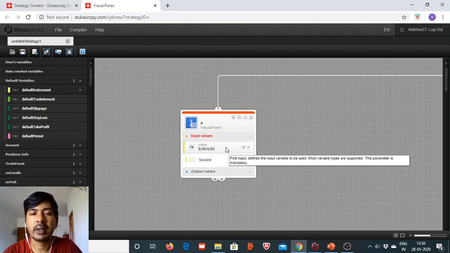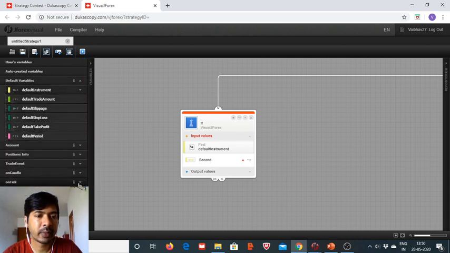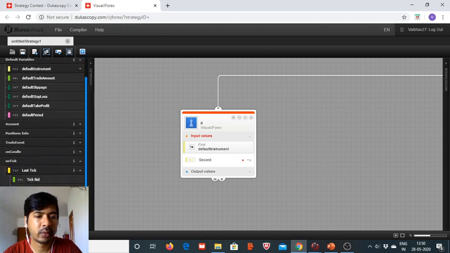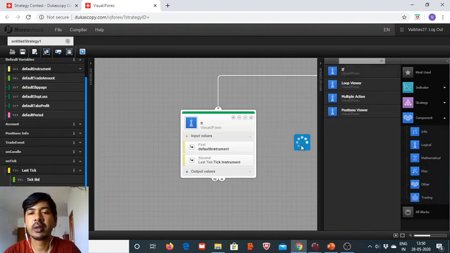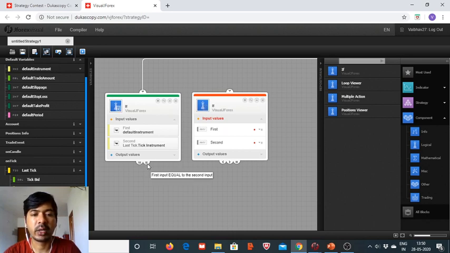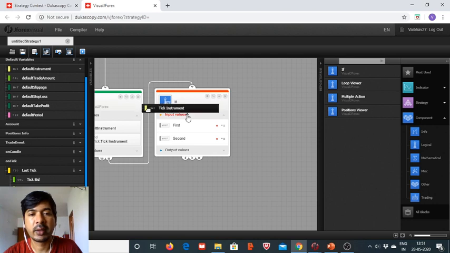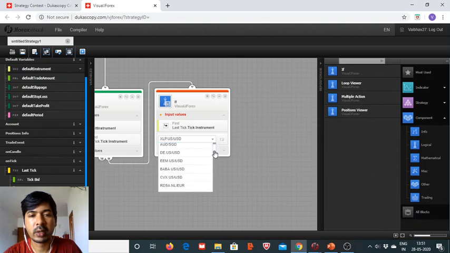We'll keep it as it is, and we take on tick, last tick instrument, and here comes the tick instrument again, second if block, and the default instrument should be equal to the tick instrument. The default instrument has been defined as Euro USD, and then the last tick instrument. Again we take last tick instrument here and we hardcode it as Euro USD.